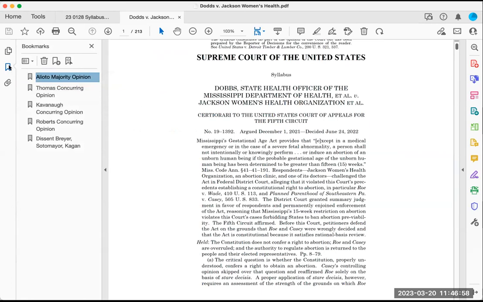So you see, I clicked out on the left hand the bookmark tab, and I tabbed Justice Alito's majority opinion, then the concurring opinions by Justice Thomas, Justice Kavanaugh, and Justice Roberts. And then finally, the dissent that was written by Justices Breyer, Sotomayor, and Kagan.